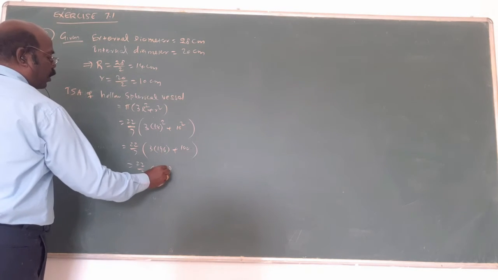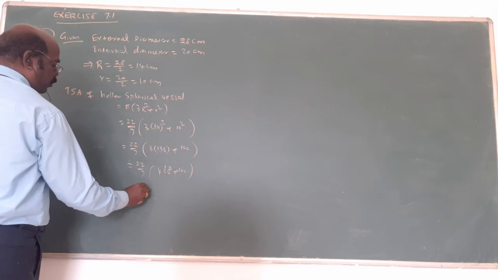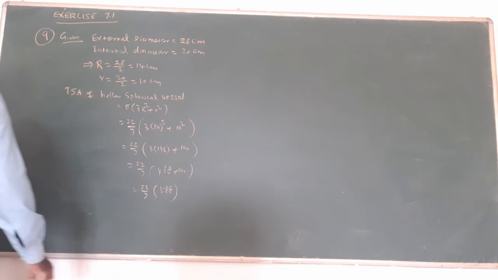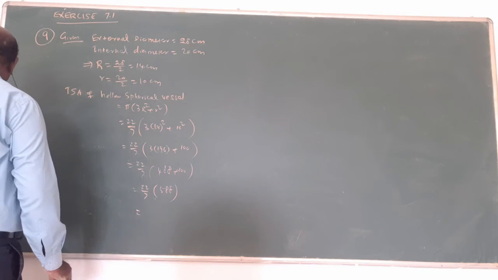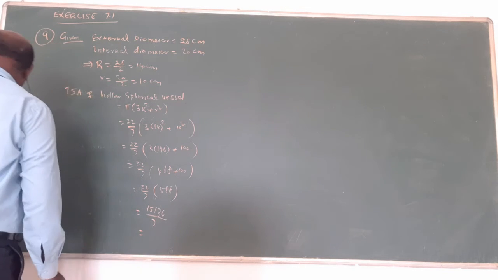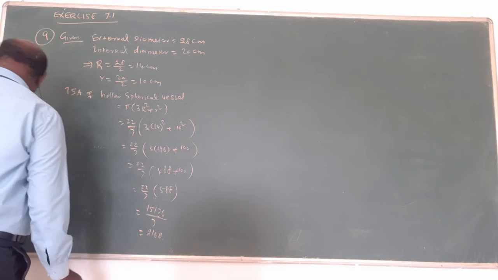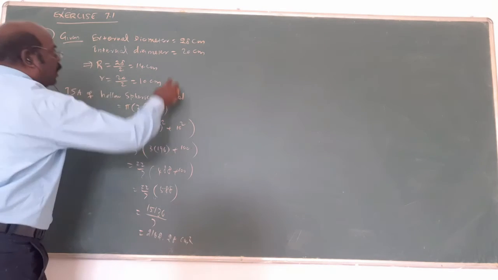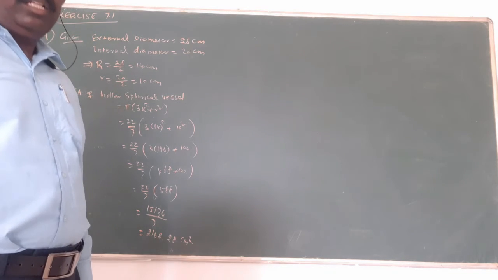Multiply and add, we get 688. Now multiply by 22, and the answer is 15136 by 7. Now divide and get the answer: 2162.28 centimeter square. This is important: centimeter is given and surface area is asked, that is why the unit is centimeter square.